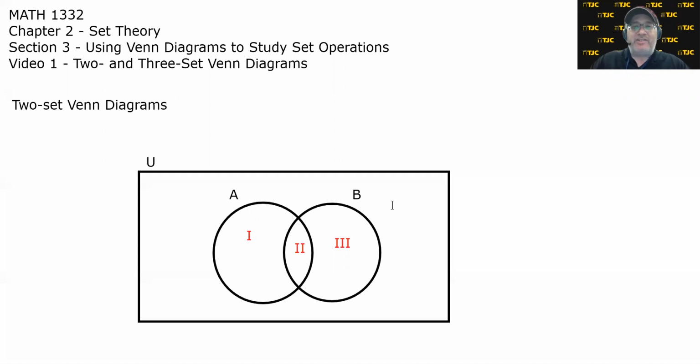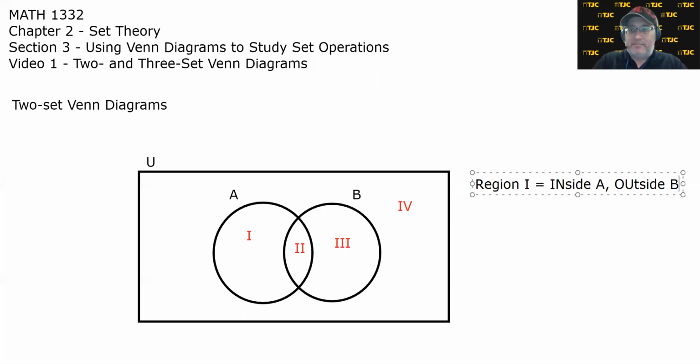And the region outside of both circles but in the rest of the universe is going to be called region 4. So from this point forward, anytime we draw a Venn diagram and want to refer to regions, we will refer to them as such. In fact, we should go ahead and enumerate this here. Region 1 will always be inside A, outside B.